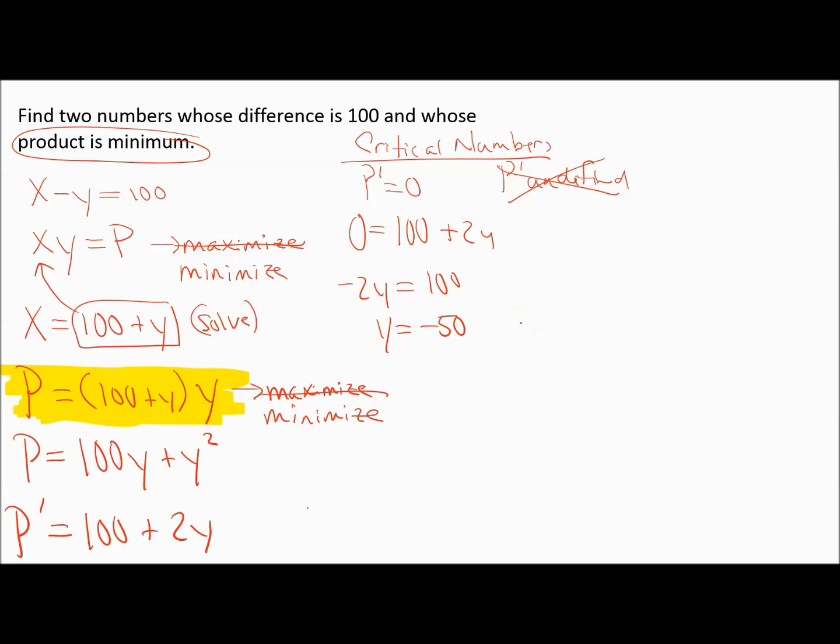Now once you found your negative 50, that could potentially be your answer. You would have to plug in the endpoints and your critical number. Well, once again, let's discuss. We don't really have any endpoints in this situation. If you think about the biggest number x could be, it could be an infinite number, because you can always take a number and subtract something from it and get 100.